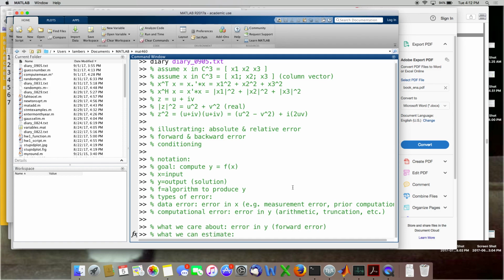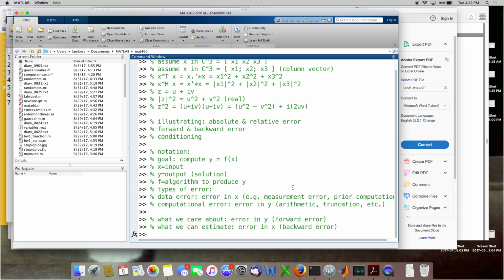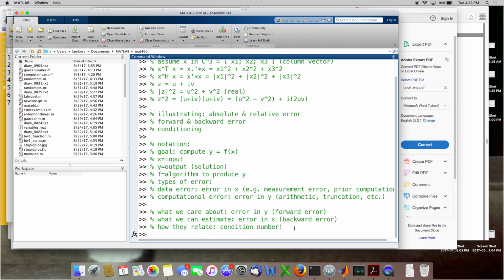But what's often more practical to estimate is the error in x, and that's referred to as backward error. So if we want forward error, but backward error is what we might be able to more readily estimate, that is where the condition number comes into play.